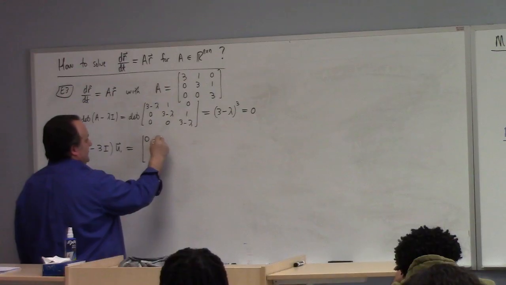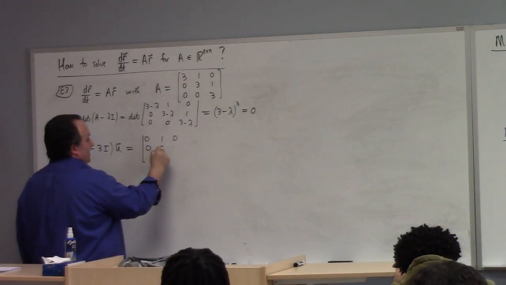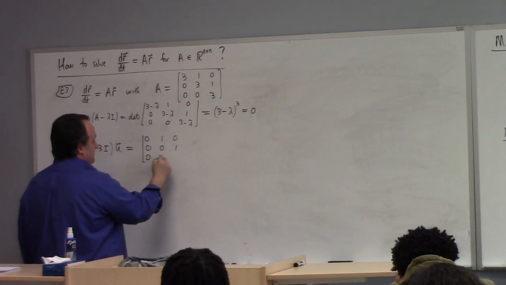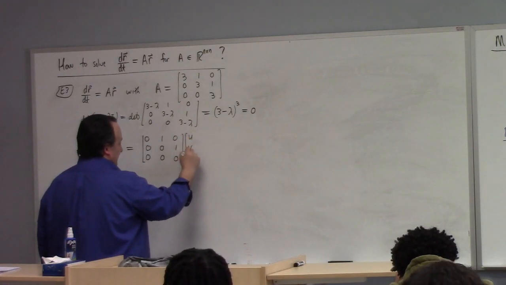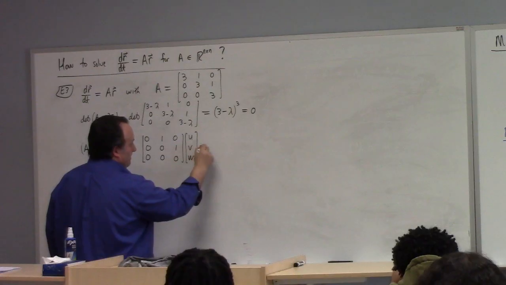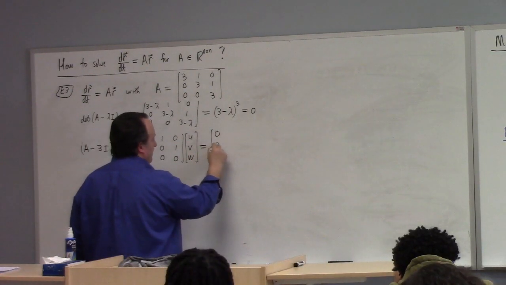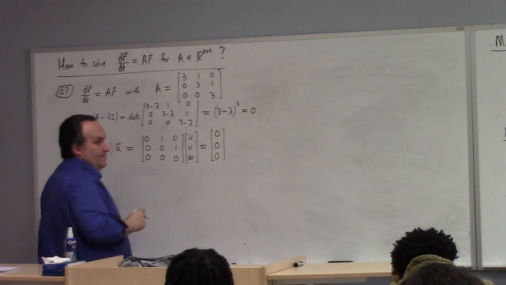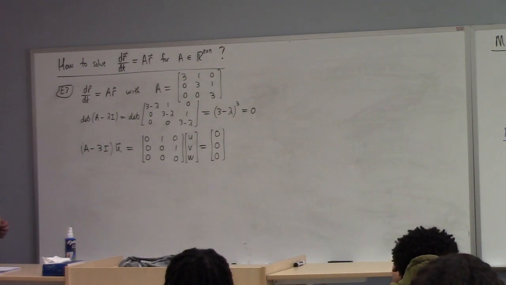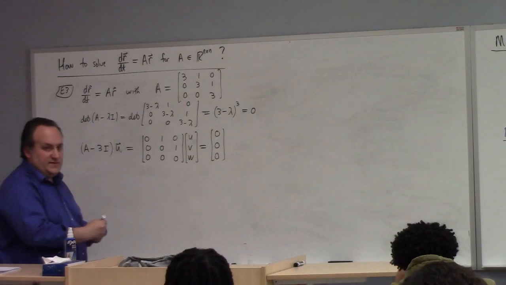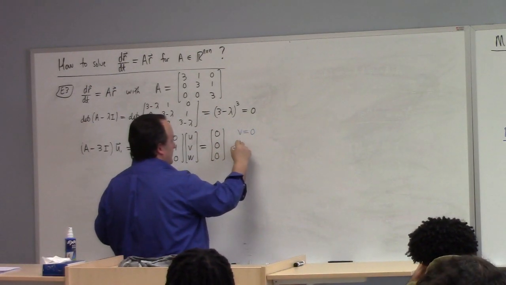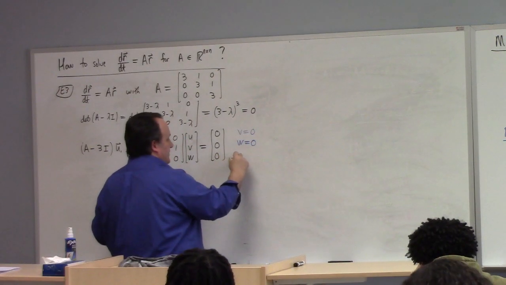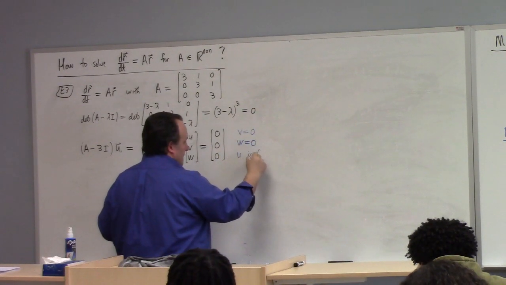Oh man, this is the same problem, isn't it? Look at that. Deja vu all over again, right? So apparently v equals 0, w equals 0, and u is free.